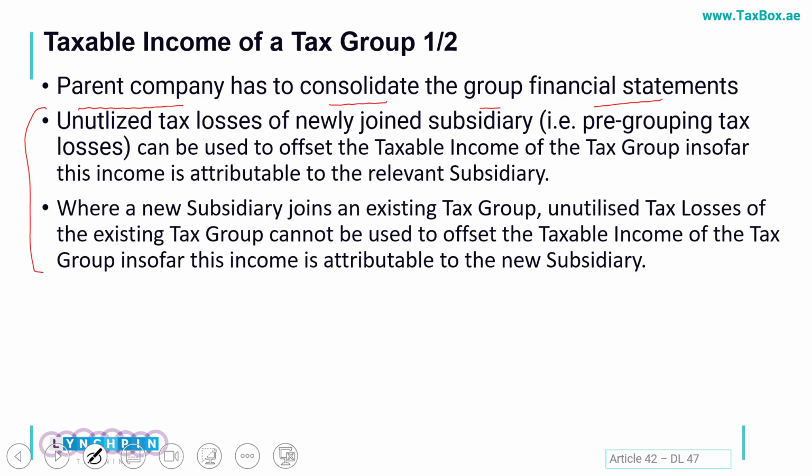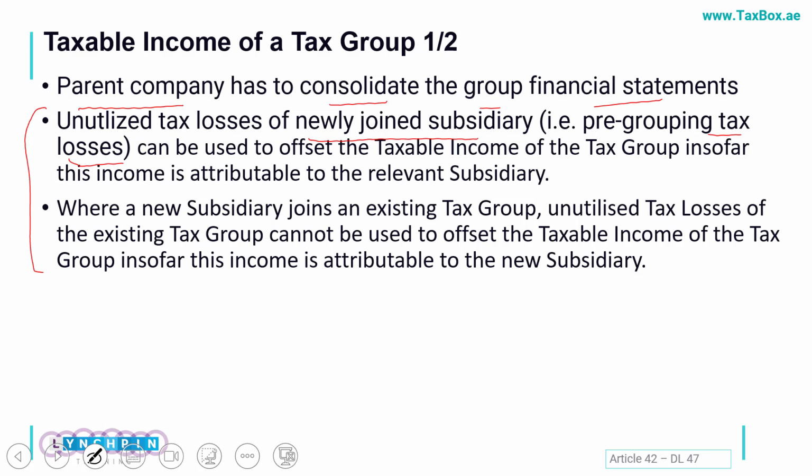So now we have to see how the unutilized tax losses can be adjusted. For example, if we already have an existing group and a new subsidiary is joining them, and this existing group has some pre-grouping tax losses, they cannot be offset against the income of the new subsidiary.